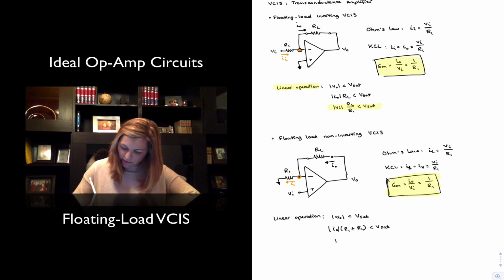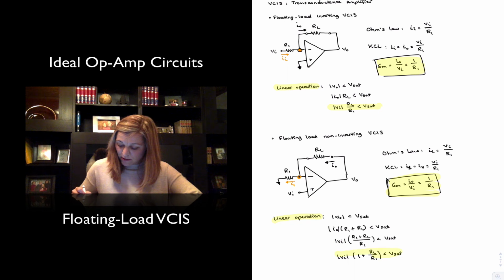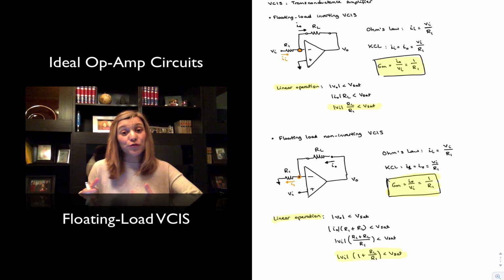And so this is going to be V in times R1 plus RL divided by R1 less than V sat, or essentially V in times 1 plus RL over R1 must be less than V sat. And so that will be the condition for linear operation, the range of input voltages that are going to result in linear operation of the circuit for the floating load non-inverting VCIS.